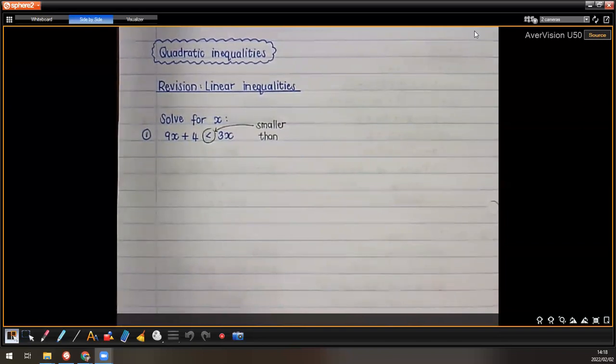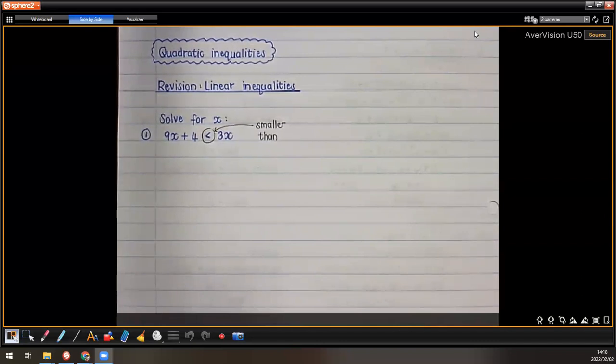I hope you remember some of this from grade 10. We are going to solve this just like we solve an equation. We're going to move things around and change the sign if we move them. There's one important thing though. Whenever you multiply or divide by a negative number, the sign must swap around.